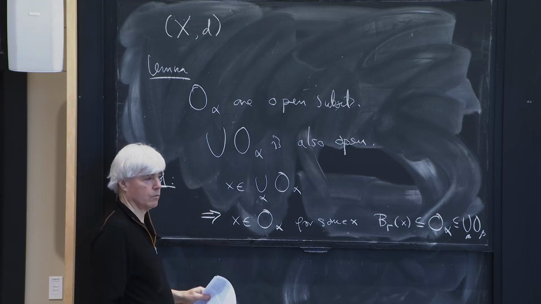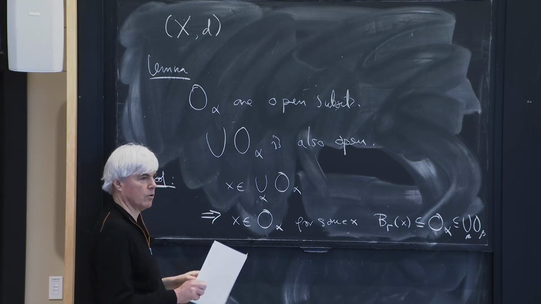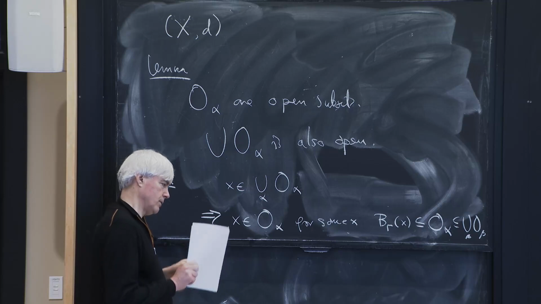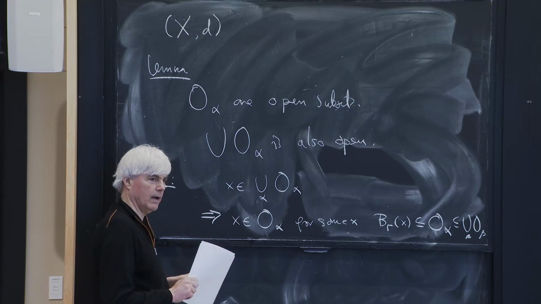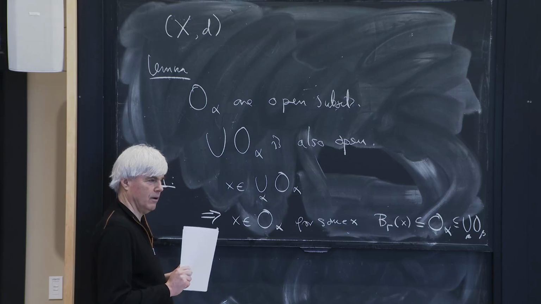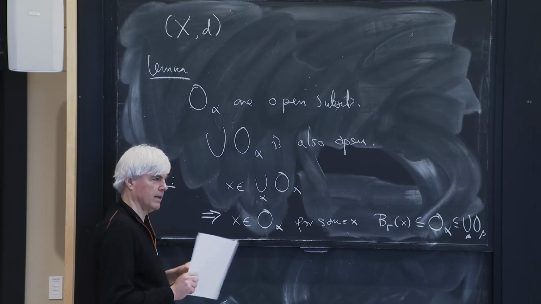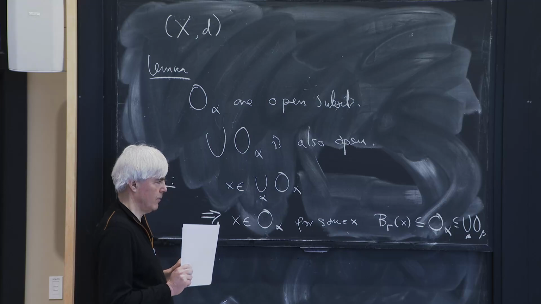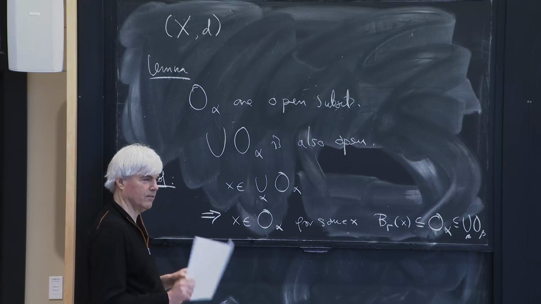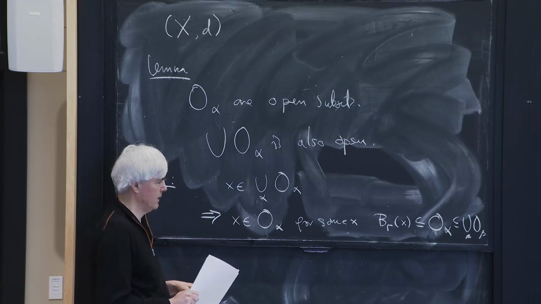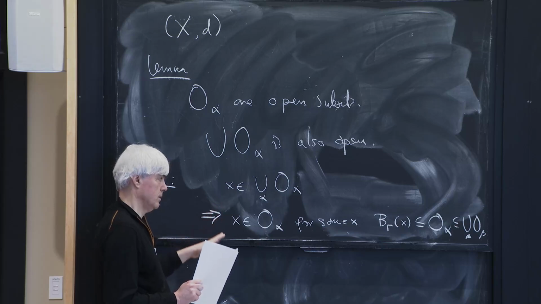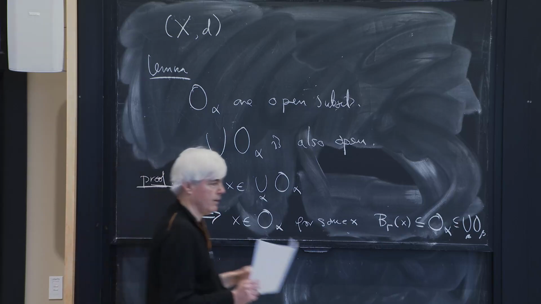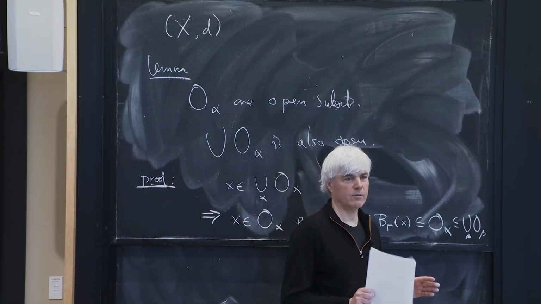And next time, so we're out of time now, we'll talk about why the intersection of finitely many open sets is also open. But for intersections of open sets, you have to be careful, because for unions, you can take the union of any number of open sets, it's always open.